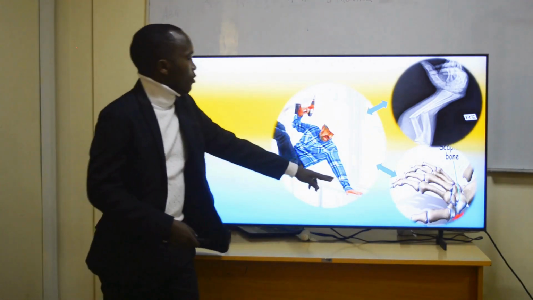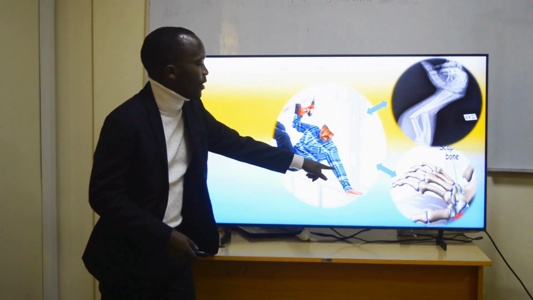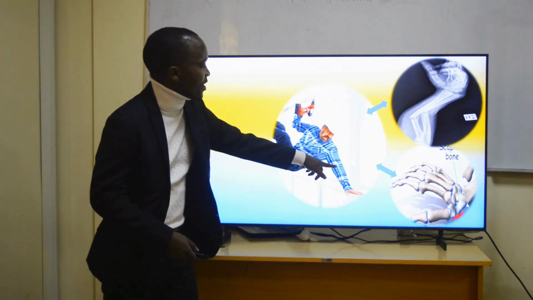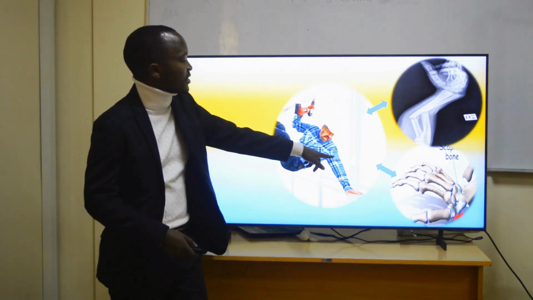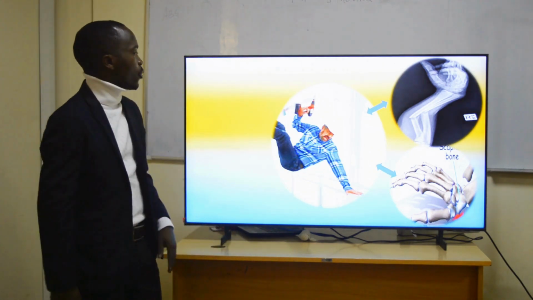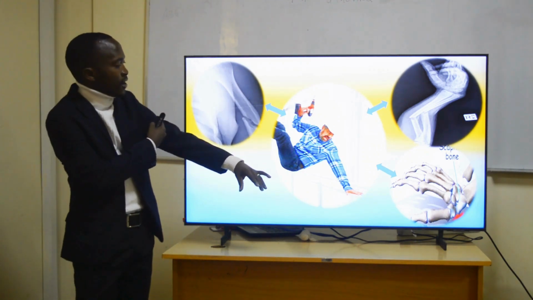Okay? Again, we can also have a dislocation or even a fracture at the elbow. But again, from there, if it misses there, as this force is being transmitted, then we can have a fracture at the humerus.